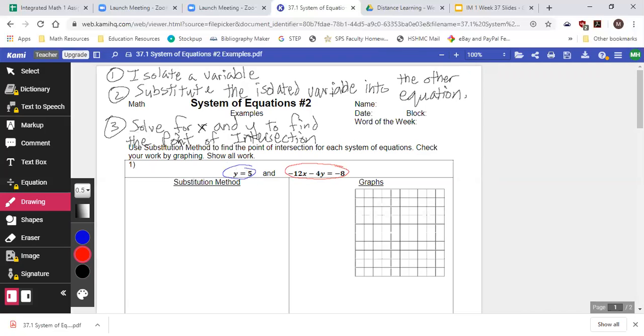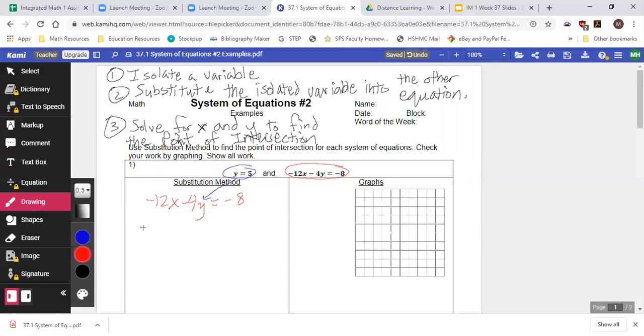Step 2 is substitute the isolated variable into the other equation. The keyword is other. So I'm going to write the other equation first, negative 12x minus 4y equals negative 8. I take this equation, y equals 5, and plug it in to what y equals.